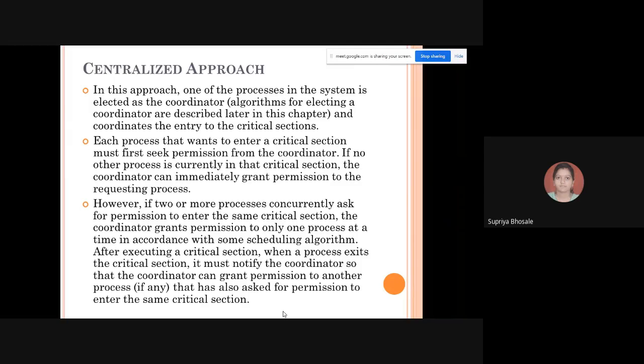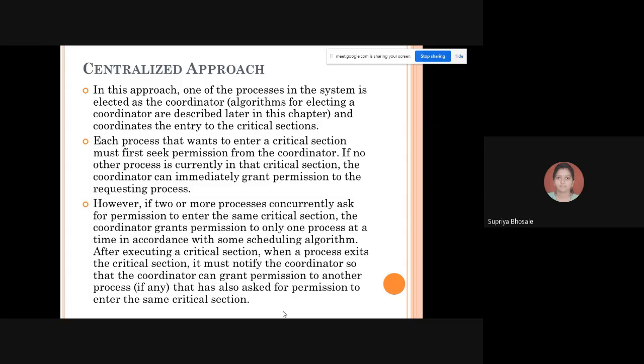However, if two or more processes concurrently ask for permission to enter the same critical section, the coordinator grants permission to only one process at a time in accordance with some scheduling algorithm.